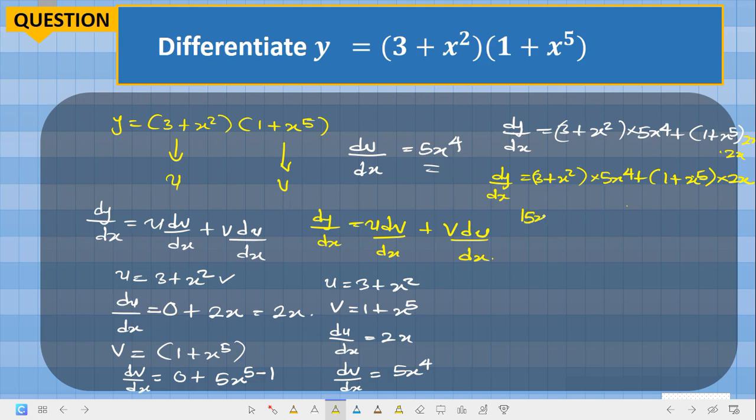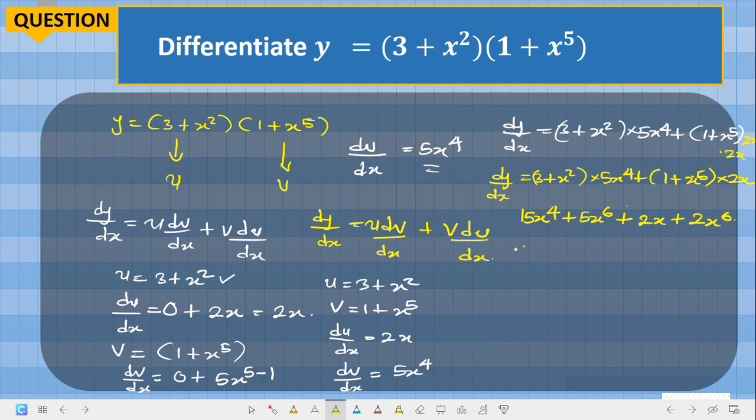You have 15s raised to the power of 4 plus this multiplied by this gives us 5s raised to the power of 6, because s squared times s raised to the power of 4 is s raised to the power of 6, plus 2s times 1 is 2s, plus 2s times s raised to the power of 5 is 2s raised to the power of 6.